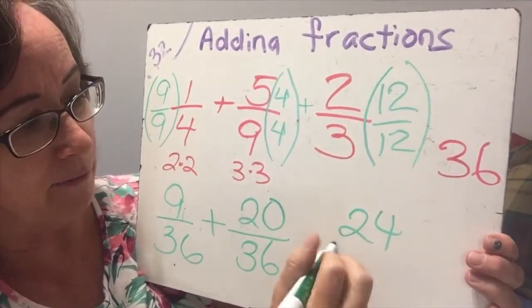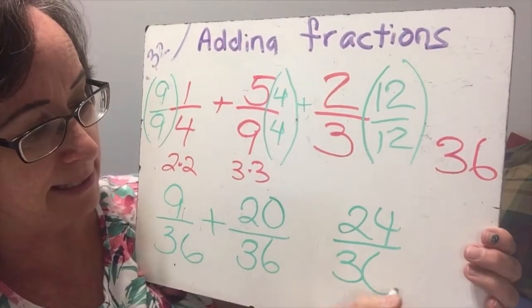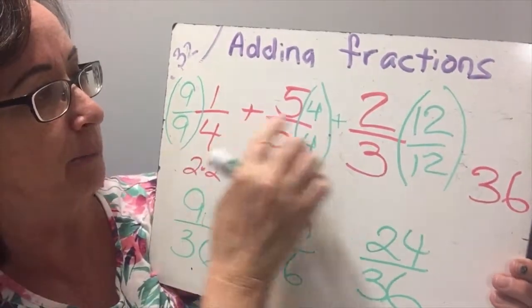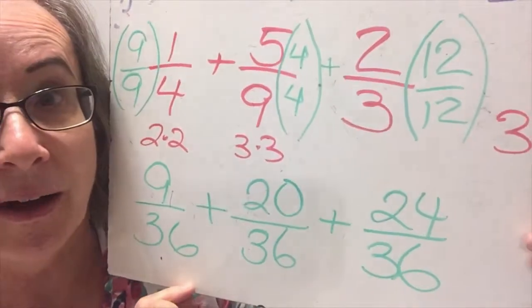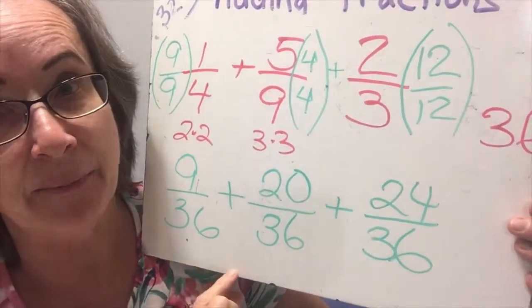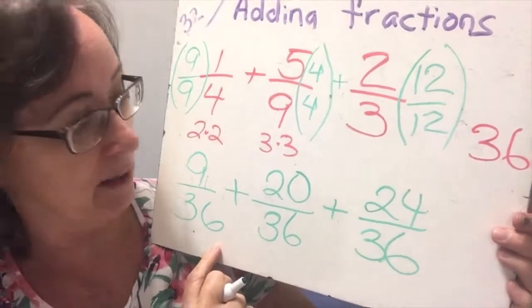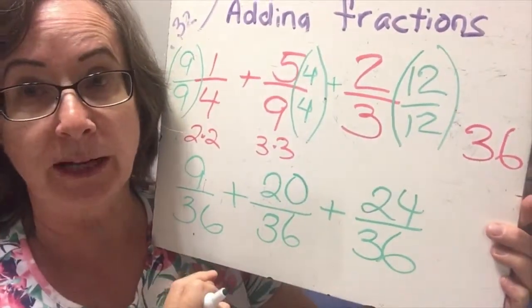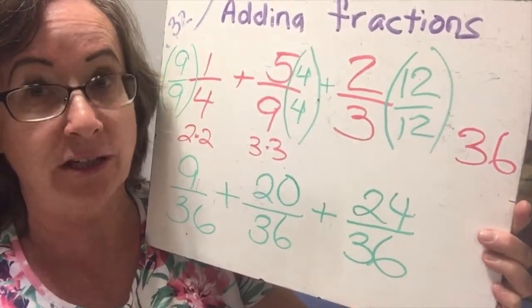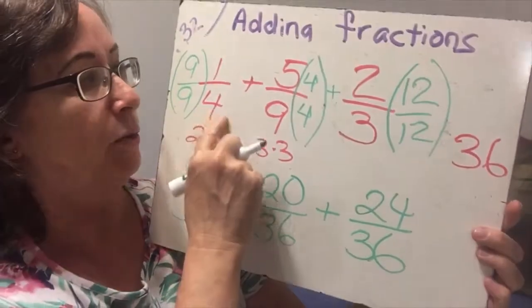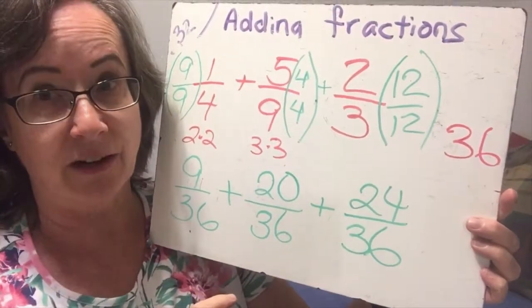And 3 times 12 is the desired 36. So now I'm going to go back and put all my signs in. That was a plus, this was a plus, and now I'm ready to add because I have the same denominator and I've gotten the correct numerator that goes with each denominator, so that these 3 new fractions are equivalent to the 3 fractions I started with.